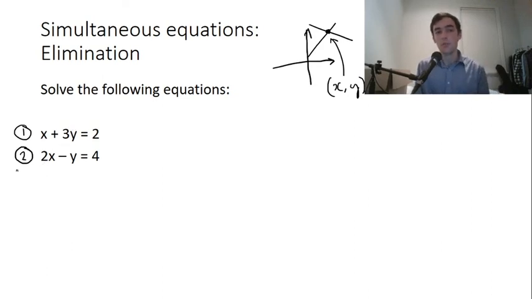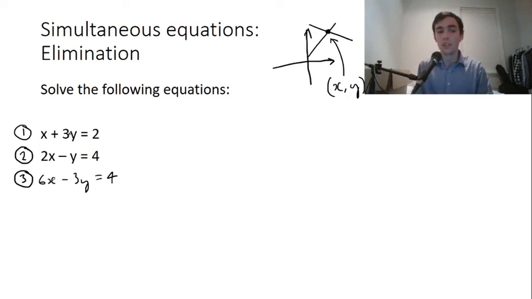We can make another equation, equation 3, which is 3 times equation 2. So let's multiply this whole equation by 3. We can do that because we're multiplying both sides by 3. So that's 6x minus 3y equals 4. And you can see there's 3y here and 3y here.